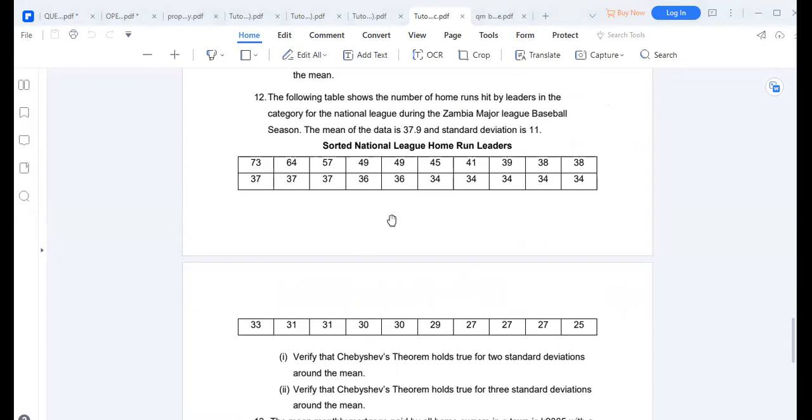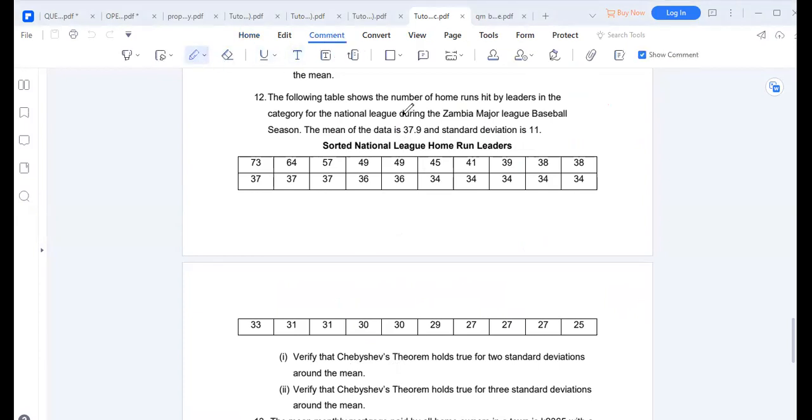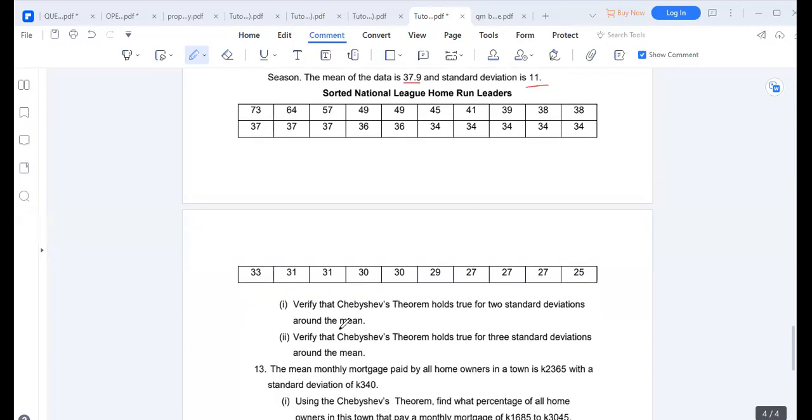We're given the mean as 37.9, standard deviation is 11. When people see such information, they become confused even though we have already learned everything. So verify Chebyshev's theorem holds true for 2 standard deviations, and for 3 standard deviations.